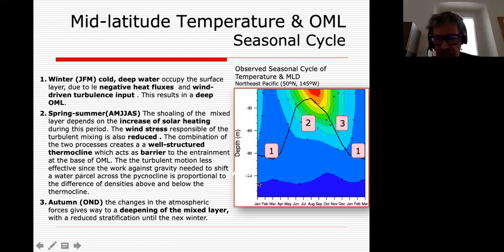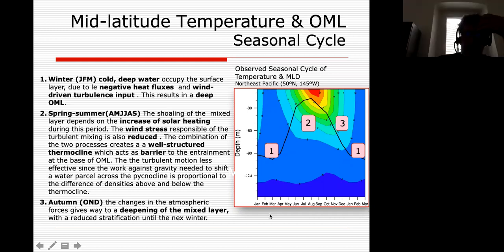You can see you have the base below 100 meters, where the temperature is constantly about 5 degrees. But what happens at the surface is quite more dynamic. Let's start by looking at winter, January, February, March in oceanography.